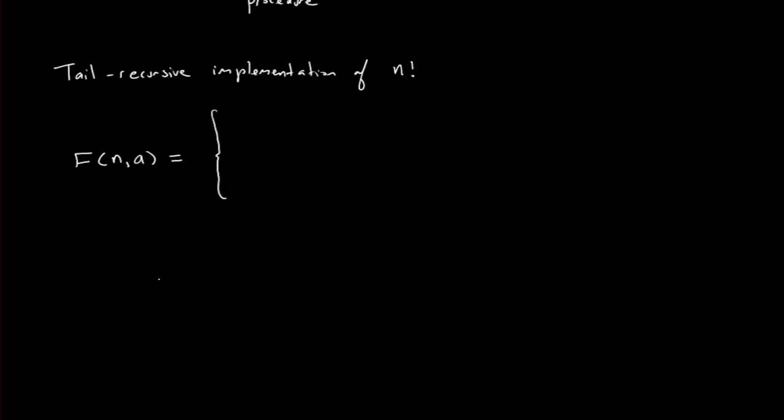And what we're going to do this time is, we're going to say if n is less than 0, again, we're going to get a sentinel value, so we're going to get -1. But this time something slightly different happens. If n is equal to 1, we actually don't get n, we get a.